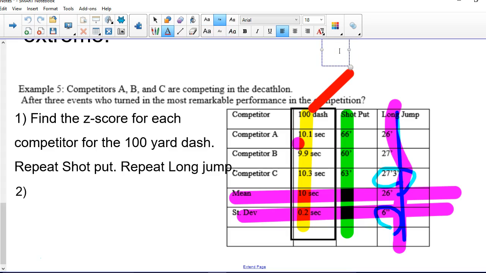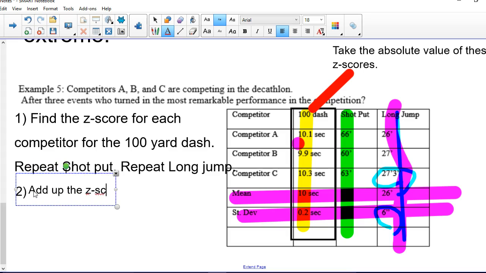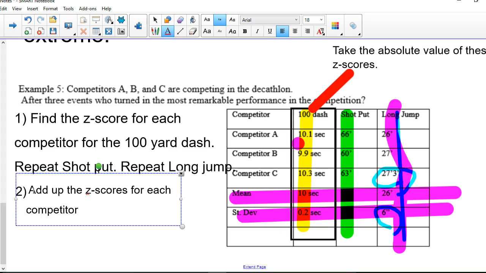So what I want you to do is take the absolute value of these z-scores. After you take the absolute value of those z-scores, then add up the z-scores for each competitor in each event.